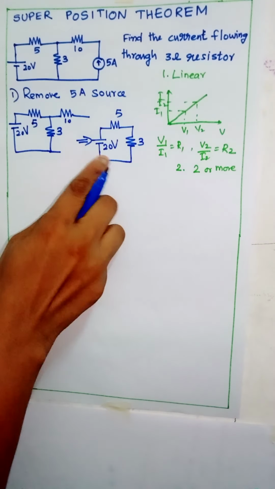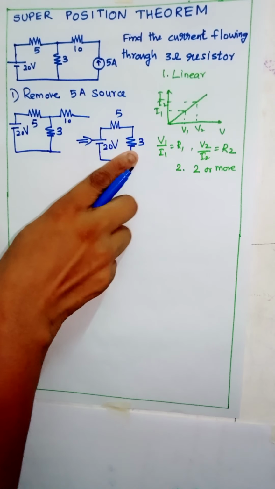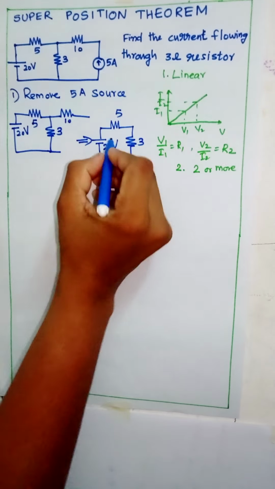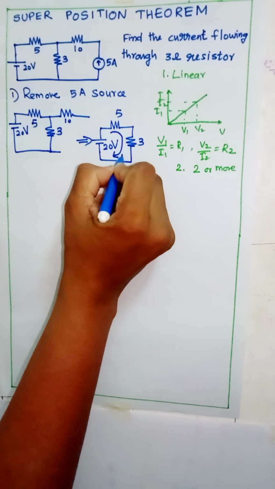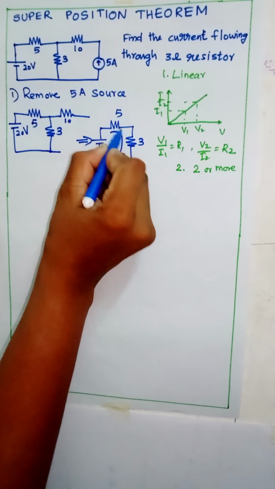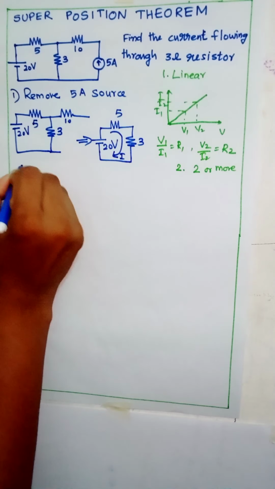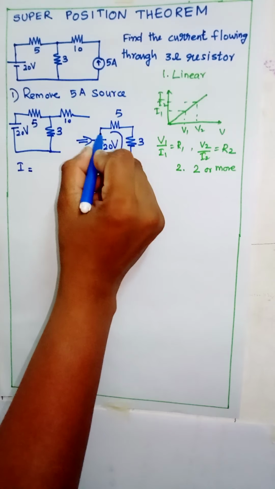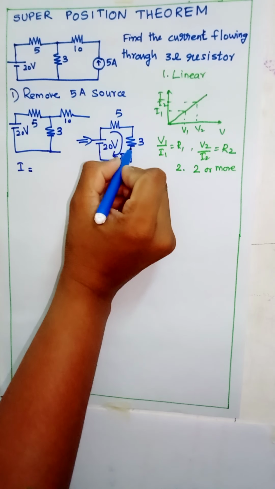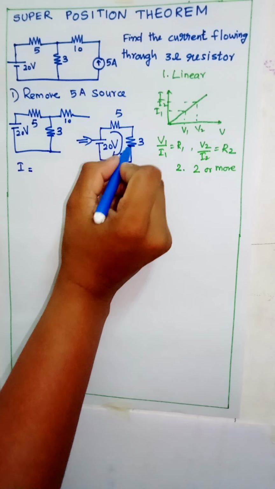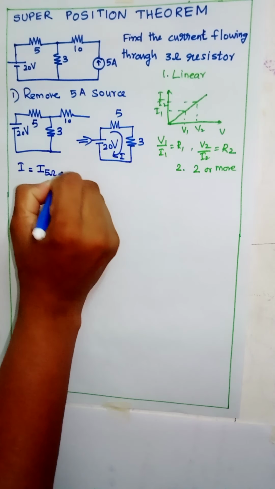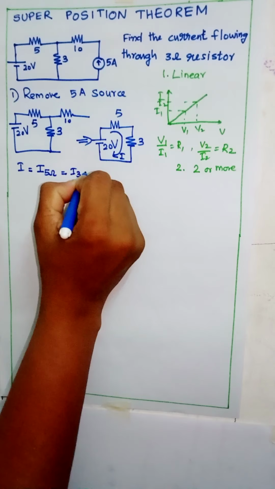Here we have two resistors, 5 ohm resistor and 3 ohm resistor, both connected in series. So the total current flowing through the circuit will be I. Current from the 20 volt source passes through 5 ohm resistor and 3 ohm resistor, so both are connected in series. So the total current I is equal to the current flowing through 5 ohm resistor, which is equal to the current flowing through 3 ohm resistor.